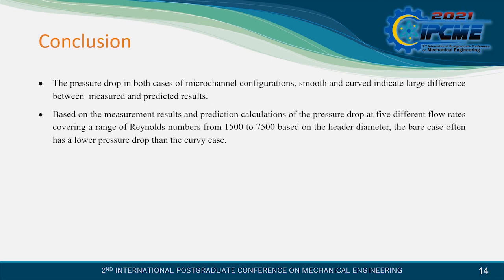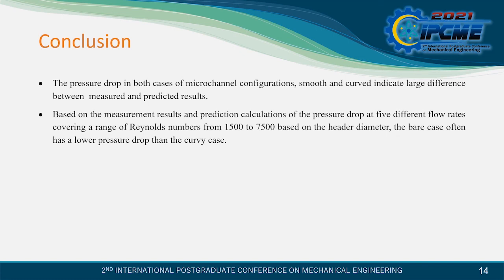These experiments and analyses demonstrate that the typical friction factor correlation and local pressure drop coefficients couldn't be used to predict both the major and minor losses in the microchannel heat exchanger.